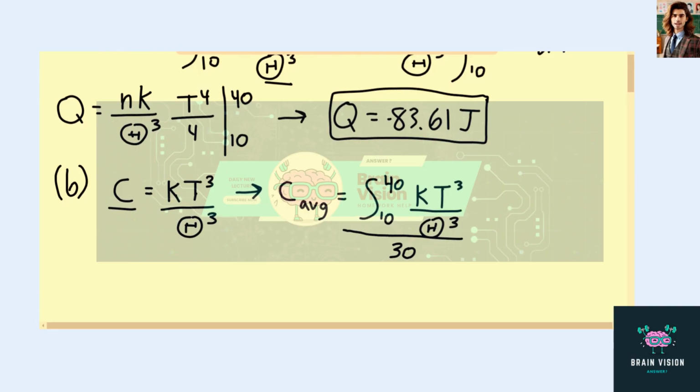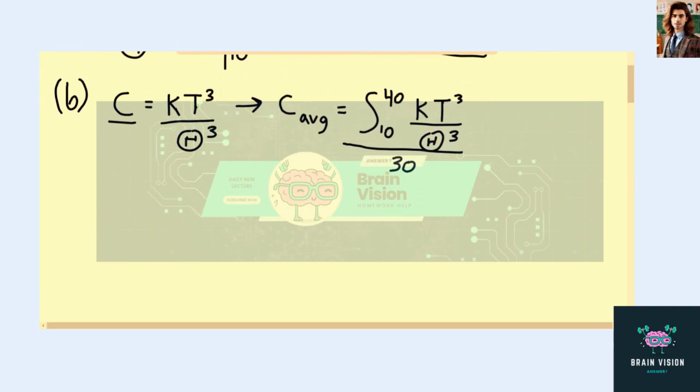Now we have C average equal to 1 over 30, which is how we get the average value of a function from calculus class, 1 over 30 times K over theta cubed, and again we integrate T cubed dT, just like in the previous part.